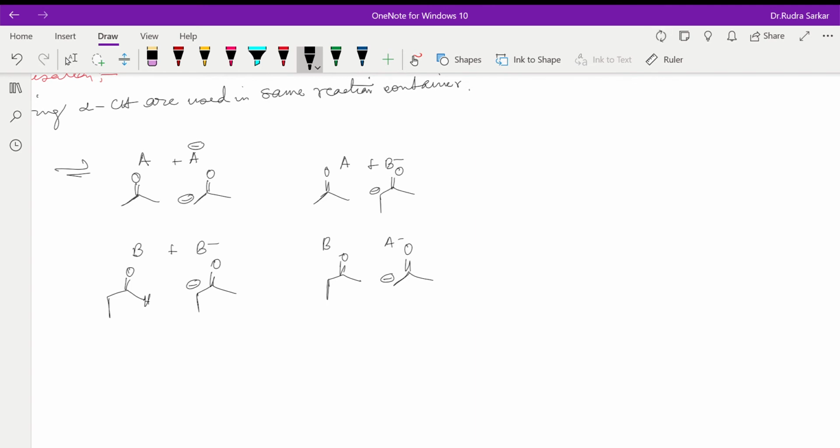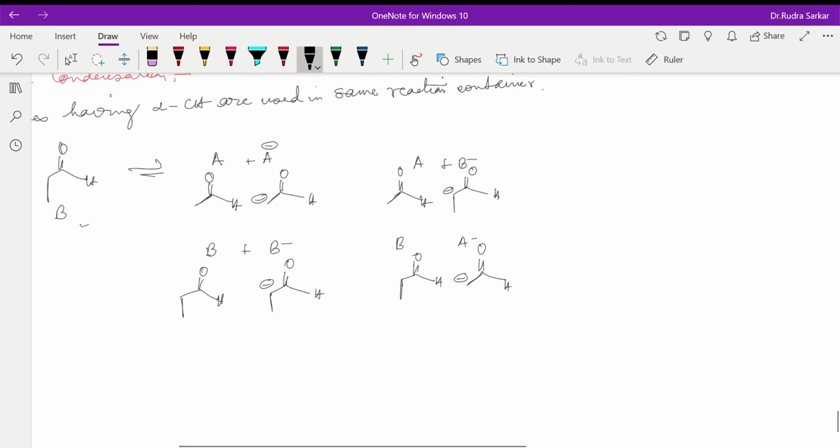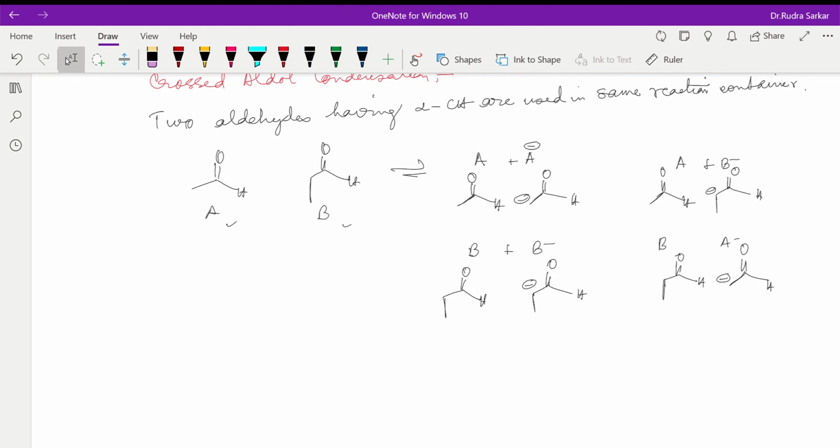So technically we are getting 4 types of beta hydroxy aldehydes. Okay, so four possible products are found.